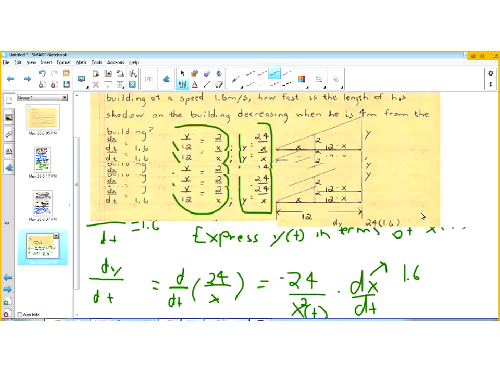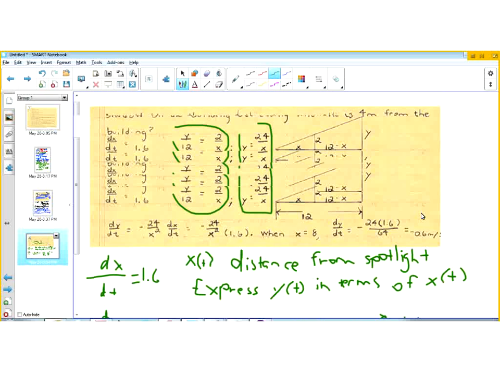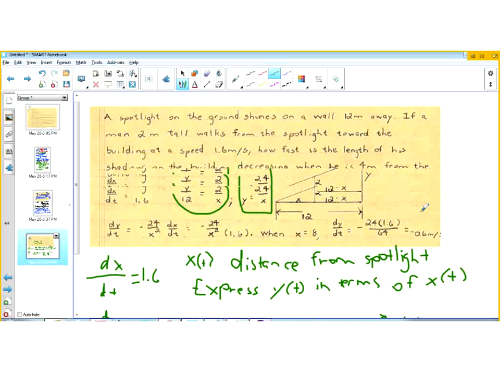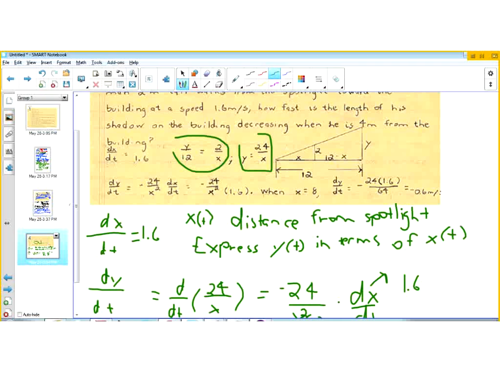How do we calculate x? Is there a way? When the guy is 4 meters from the building, he's 8 meters from the spotlight.